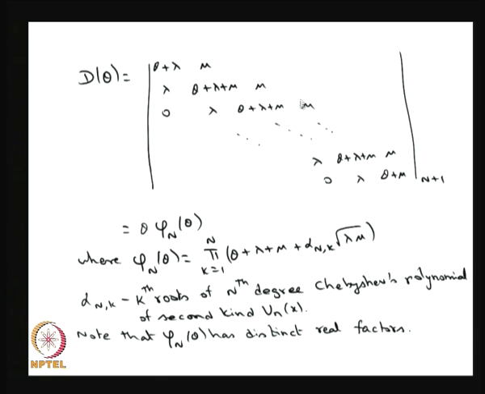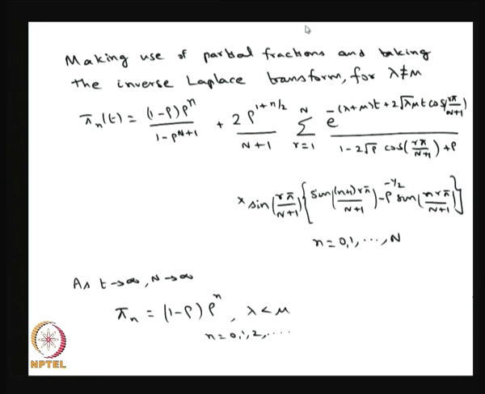So, for the MM1N model, this is related to the Chebyshev polynomial of the second kind, that is U n of x. Once you are able to get the Chebyshev polynomial roots, those roots play a role in the product form, and that is going to be the polynomial. Note that this polynomial has distinct real factors. Therefore, you can use partial fractions, then take the inverse Laplace transform, and finally you can get pi n of t.